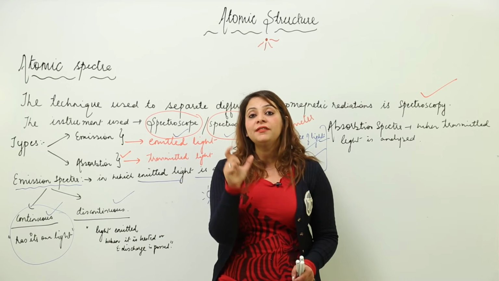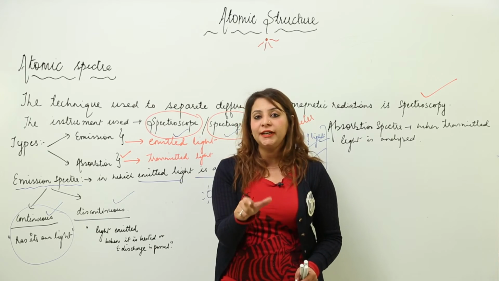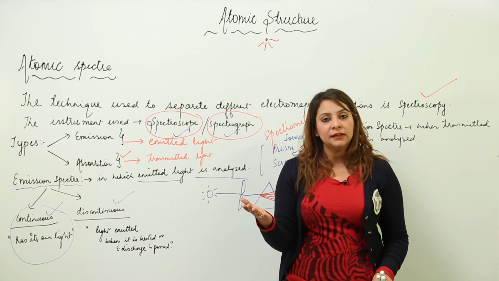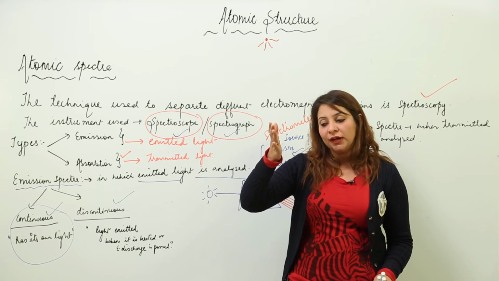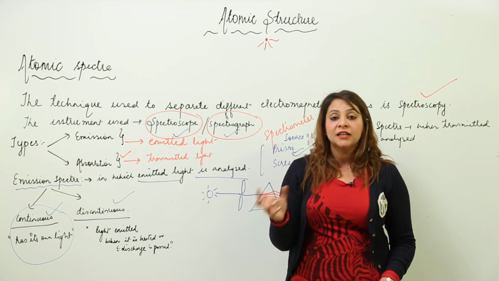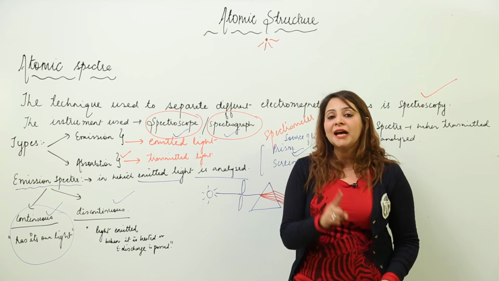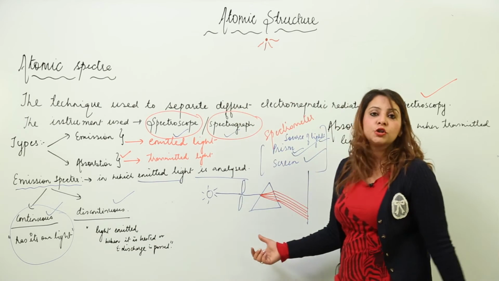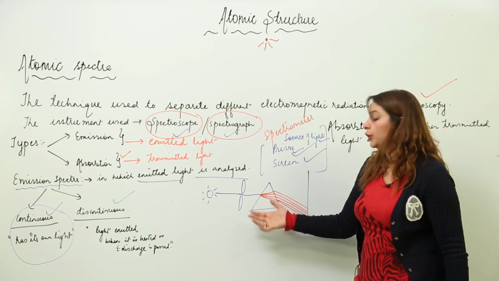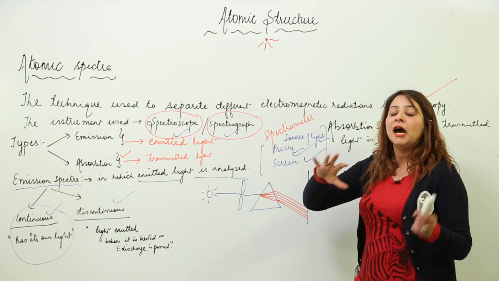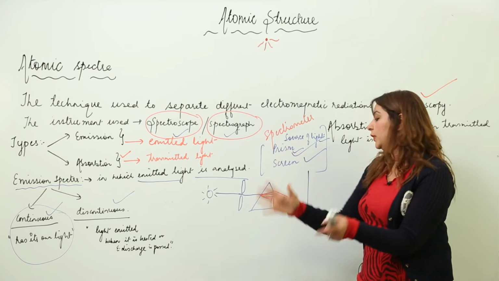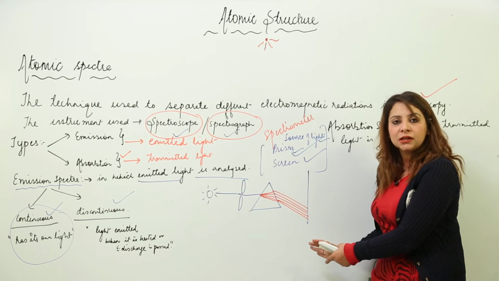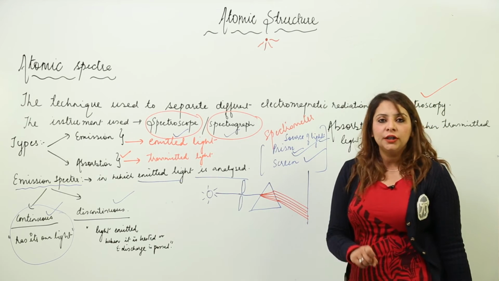What you observe is that one color merges into another, with no separation between different colors. That is called a continuous spectrum. And you are also going to draw this figure, as I showed you: how the sunlight is emitted, how it is made to pass through a slit, how it undergoes dispersion, and what radiations you get on the screen. So this is about the continuous spectrum.